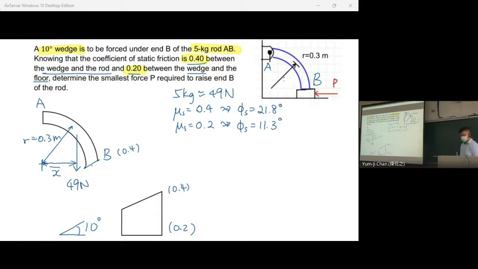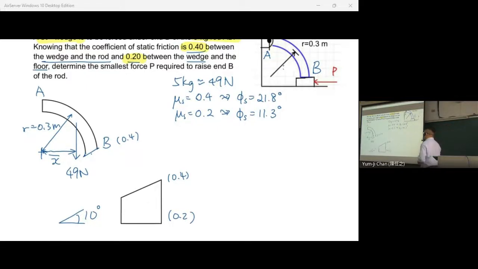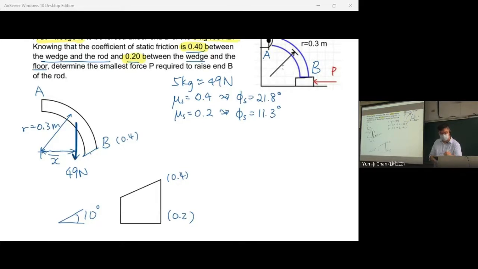Now, this is 49 newtons, and to draw the free body diagrams, we have P here, right?